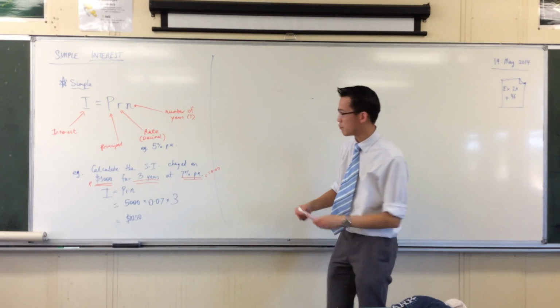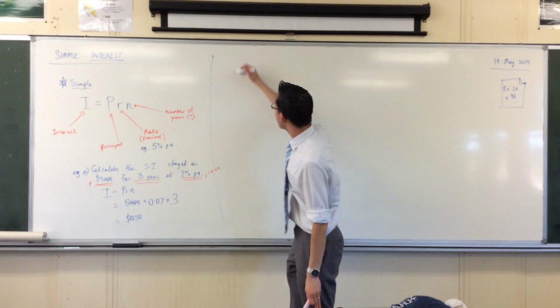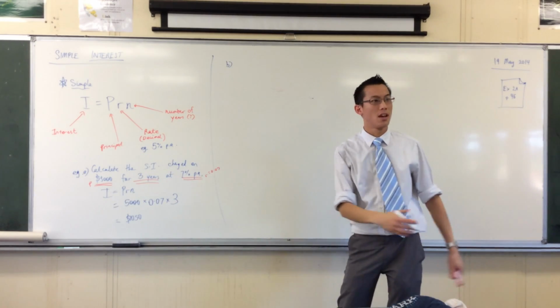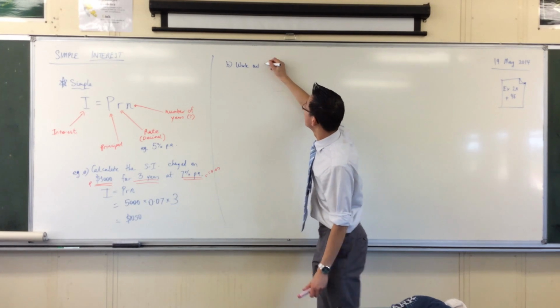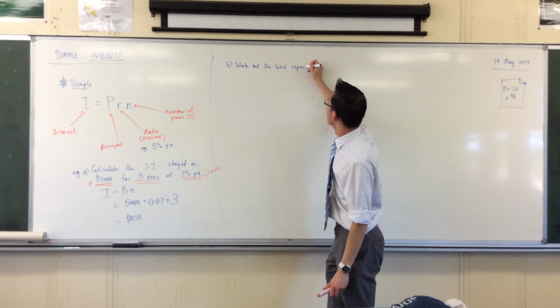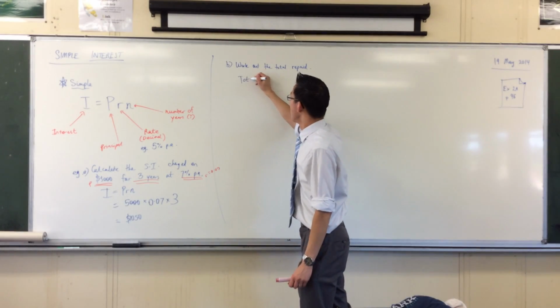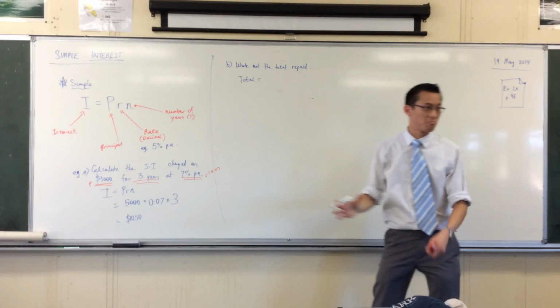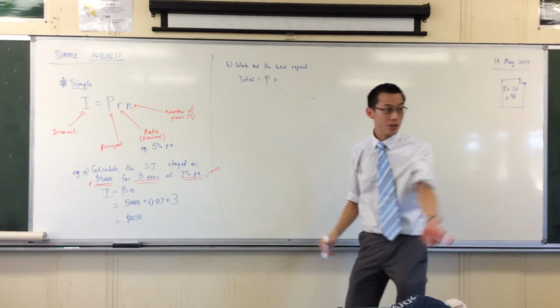So the first question was calculate the simple interest. Maybe we call this part A. Part B might say, work out how much has to be repaid in total. So the total would be the actual amount that we borrowed, which is P, plus the interest we just calculated.